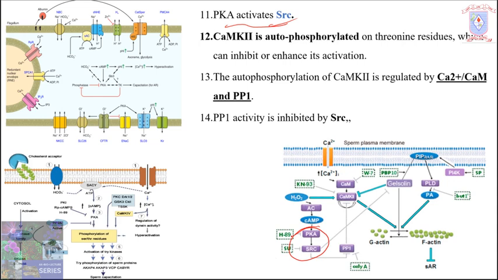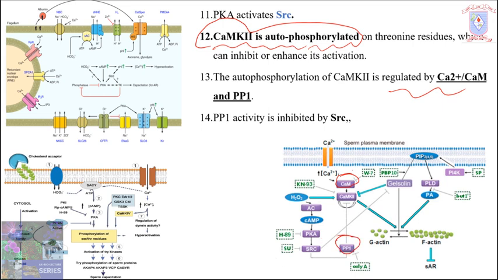Okay, and CaMKII has the capacity of autophosphorylation on threonine residues, which can inhibit or enhance its activation. But all the proteins are regulated by another protein, isn't it? So the CaMKII's autophosphorylation capacity is regulated by the calcium calmodulin complex and PP1 protein.